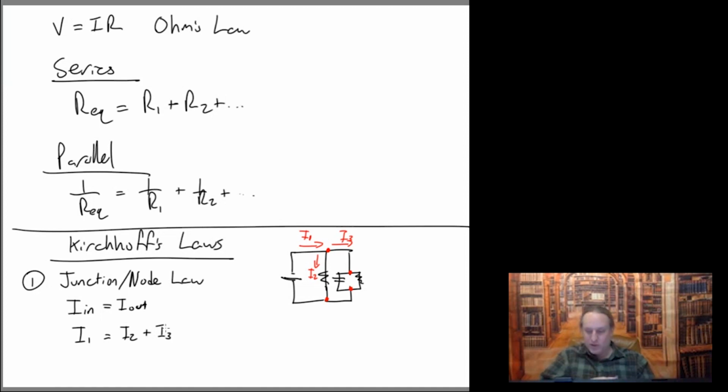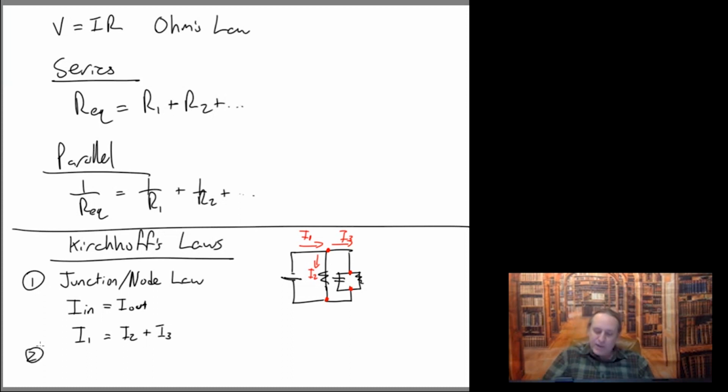Okay, so that's basically kind of conservation of charge in a way, that the charge can't pile up at the junction, so it has to move through. If we get a coulomb moving into the junction, then a coulomb has to also move out. And if it's a coulomb per second, 1 amp, then a coulomb per second has to be moving out. So it should be pretty straightforward.